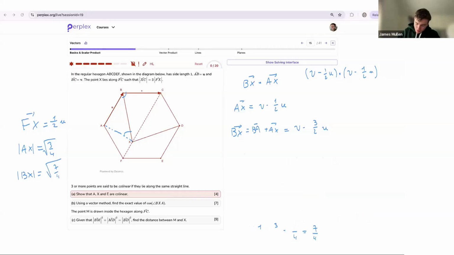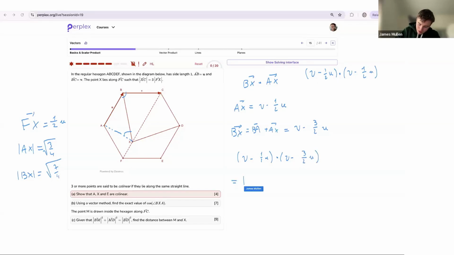And so if I finish erasing this, what am I going to get? I'm going to find that bx times ax is going to be, well, I can do v minus half of u dotted with v minus 3/2 of u, just to write out an extra step.